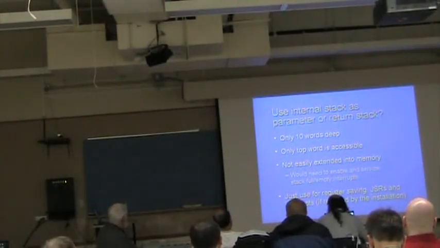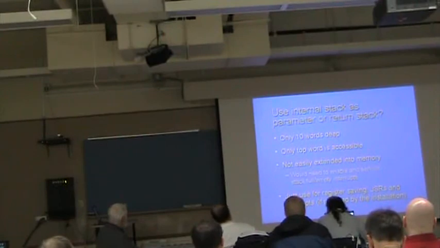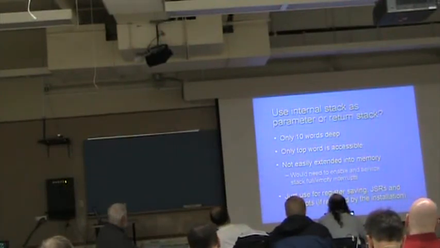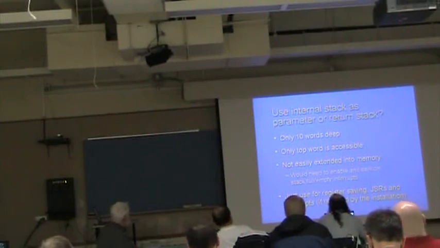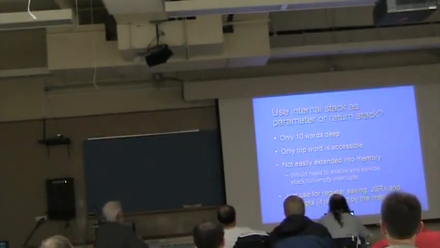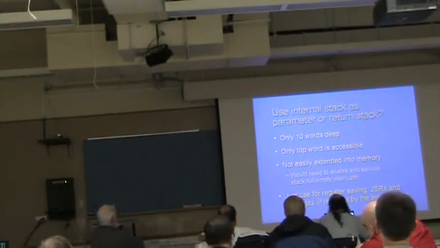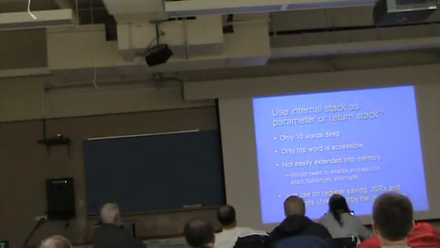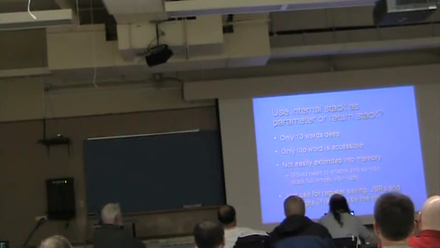Well, you might wonder, could it have been used as a parameter or return stack instead for efficiency? Well, the problem was that it's only 10 words deep, not really deep enough. Only the top word is accessible to copy from other registers. It's not easily extended into memory. It can be done, but you'd have to enable stack full and empty interrupts and have a service routine to handle them.